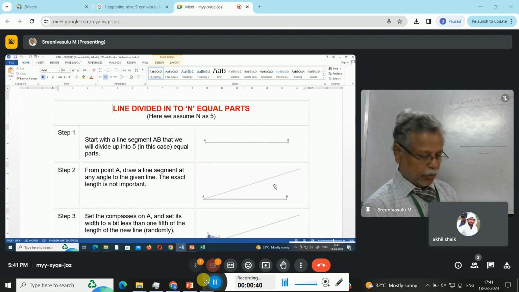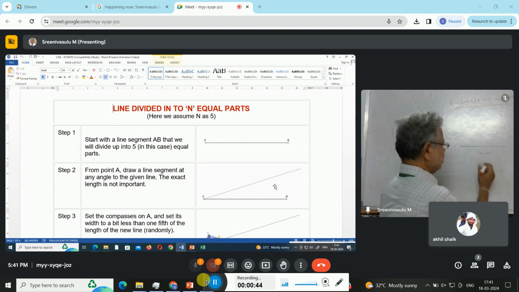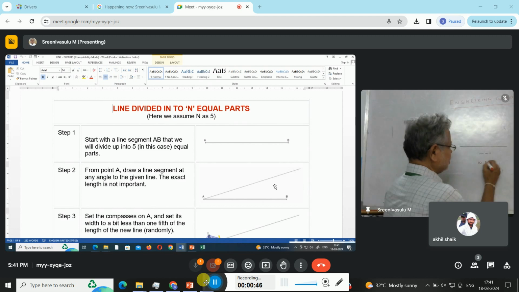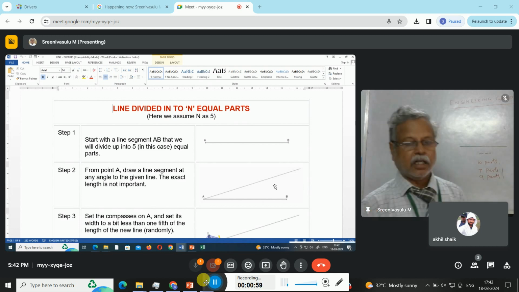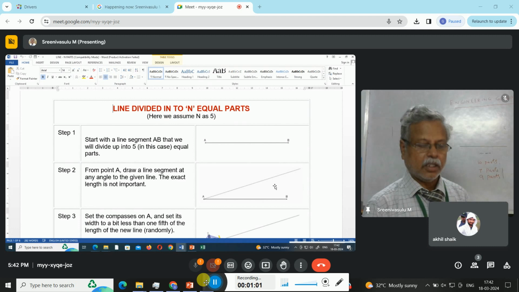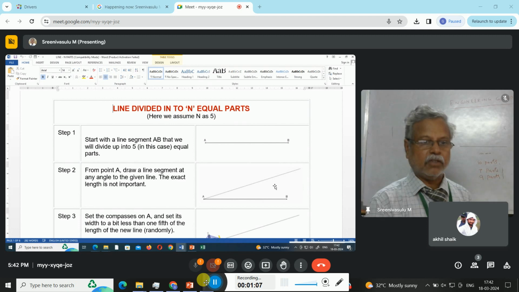Suppose the same line was asked to be divided into 7 parts or 9 parts instead of 10. Then 100 by 7 or 100 by 9 will not come as a uniform quantity, or a quantity that can easily be marked with the support of a scale.